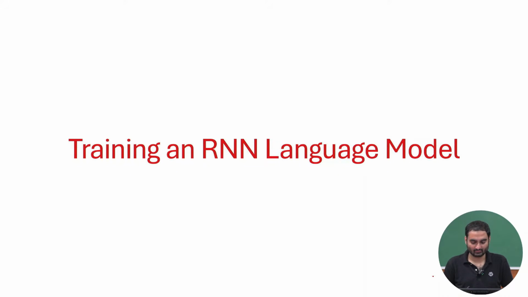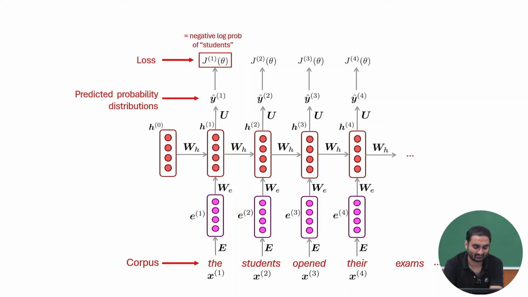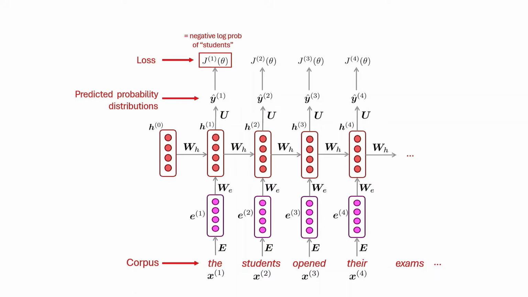So now we move to the training part of RNN. In training an RNN, we need to first look at a loss function. Look at this diagram again. The objective is to predict the next word.